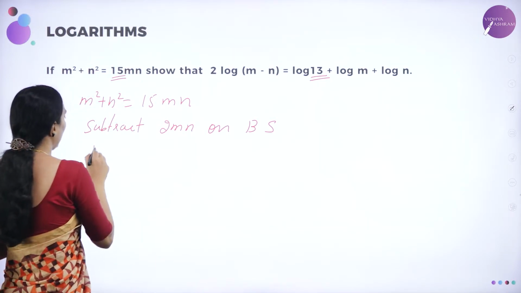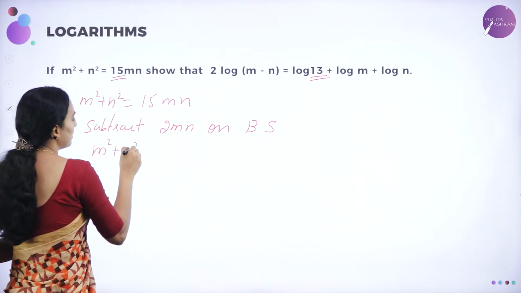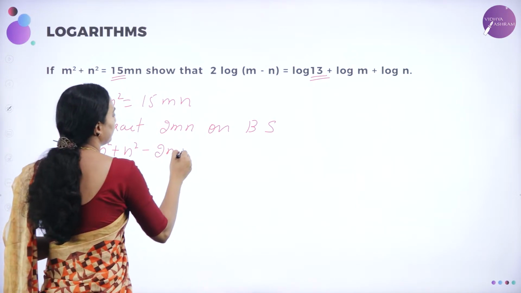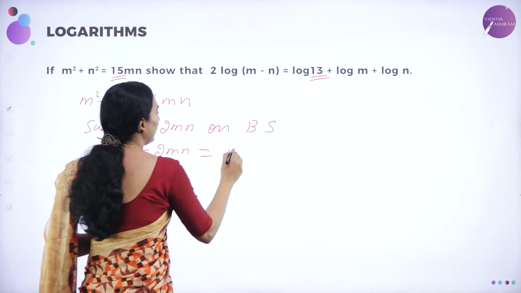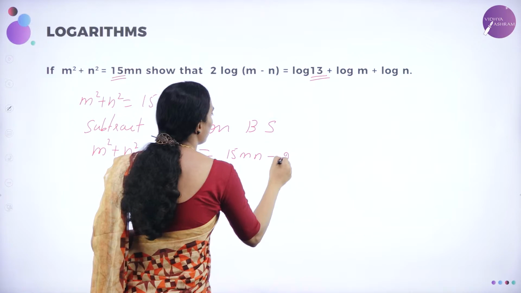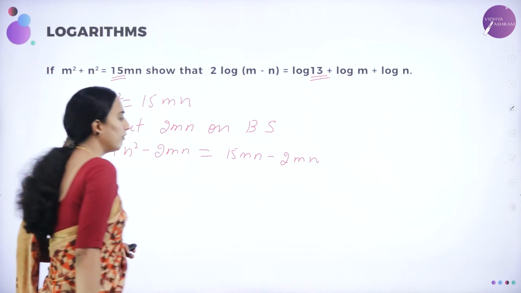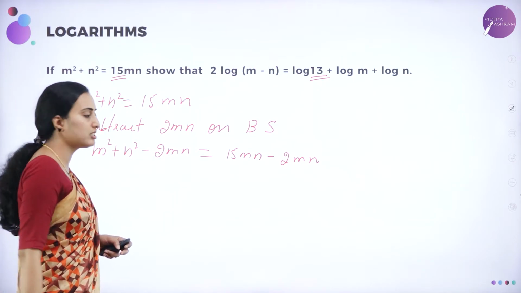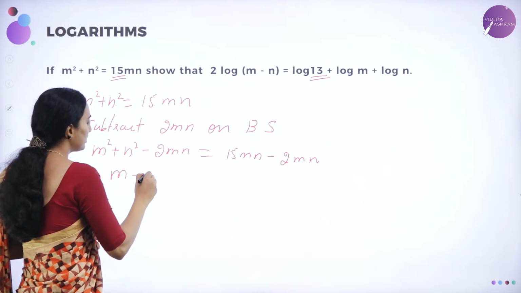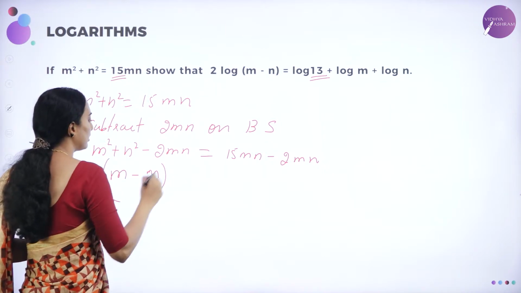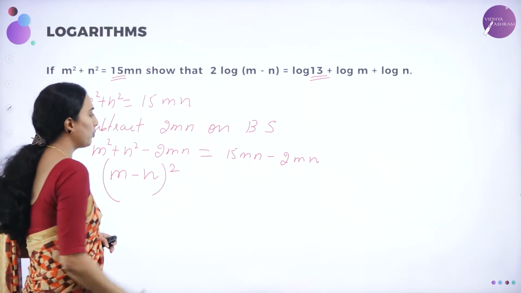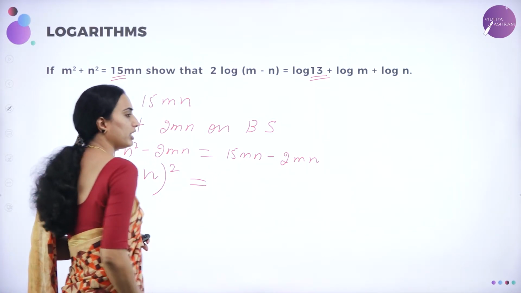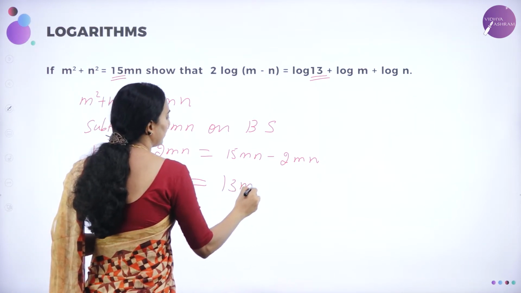So therefore, I can have it as m squared plus n squared minus 2mn is equal to 15mn minus 2mn. Now m squared plus n squared minus 2mn is nothing but m minus n whole squared, correct? So m minus n whole squared is equal to 15mn minus 2mn, which is 13mn.